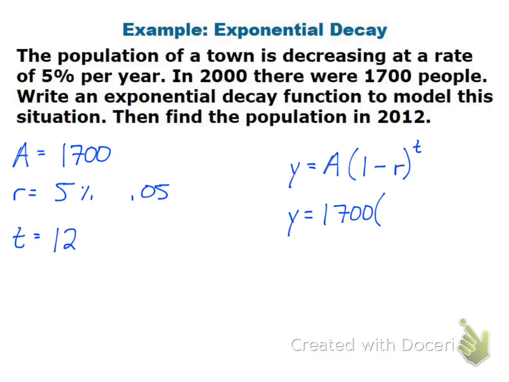Sometimes we just make it a negative number and subtract it the wrong way, but it's got to be 1 minus 0.05, which gives me 0.95. And then the time is 12 years going by. So when I do that, I go 1,700 times 0.95 to the 12th power. I get 918.6, so 919 people left in this town.